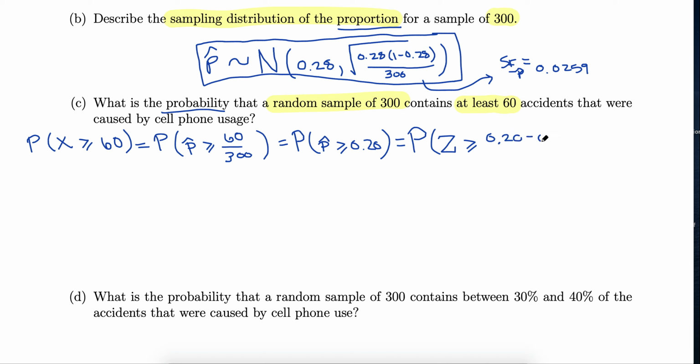And the p-hats are centered or have mean of 0.28, and I'm going to divide by, thinking very carefully here, this 0.0259. We found in part B that the spread or variability or standard deviation or standard error of p-hat is that 0.0259.